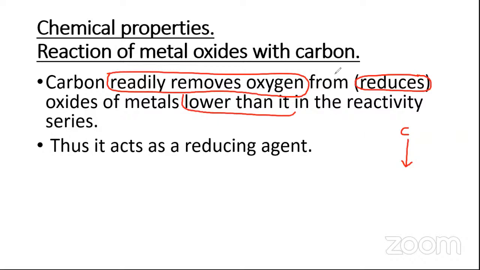Jovia. So what's the meaning of reactivity series? That is the arrangement of metals or non-metals in the ascending order of their reactivity.